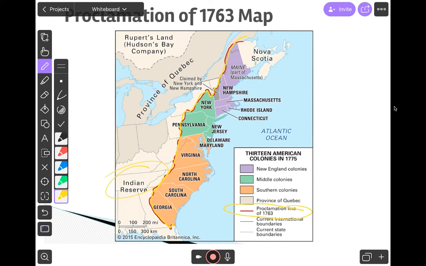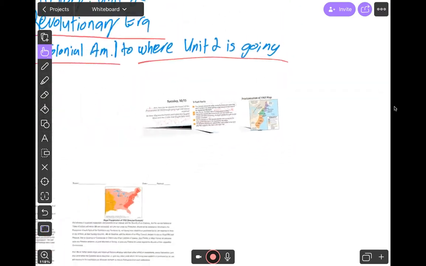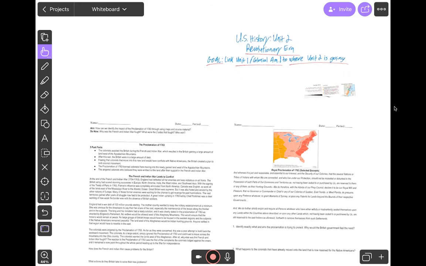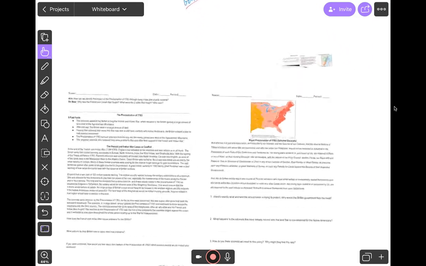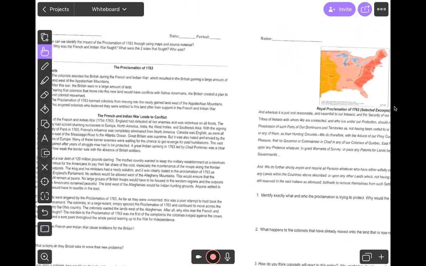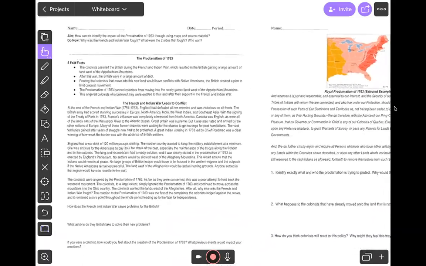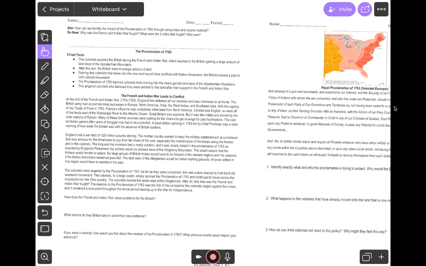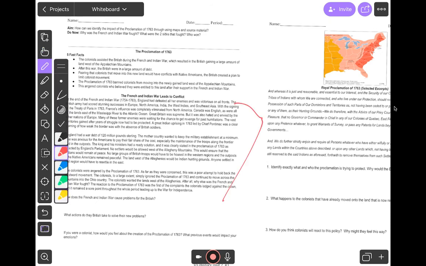Okay, so what you are going to be doing today is looking at the Proclamation of 1763 through a couple of different lenses. We have two readings, and this first reading is focused more on how the French and Indian War leads to even more conflict between the British and the colonists.